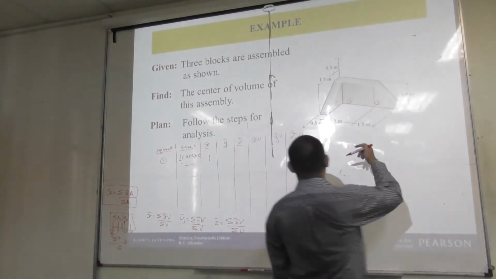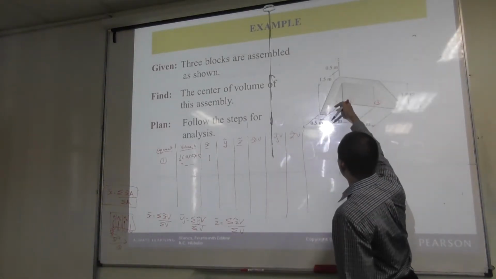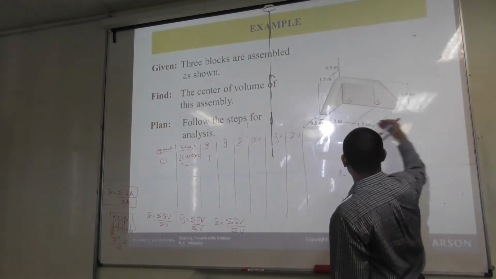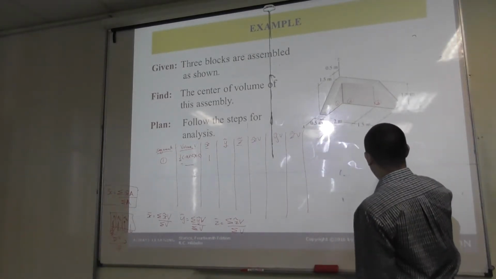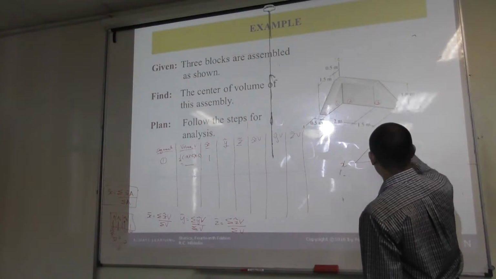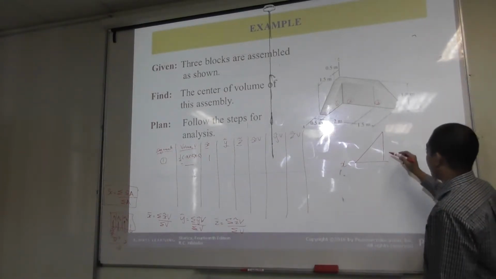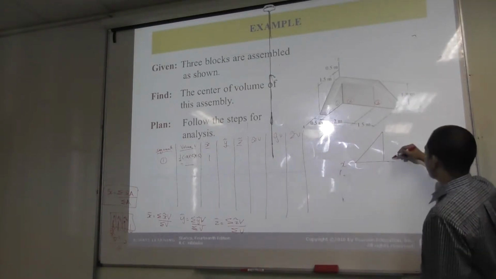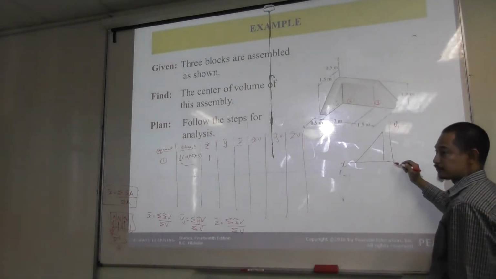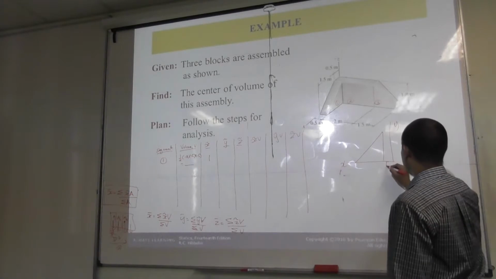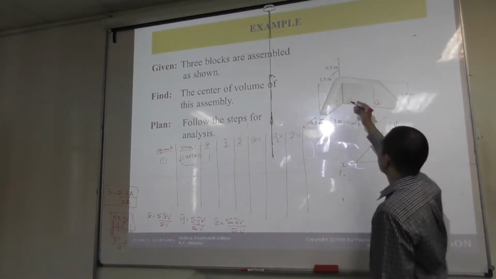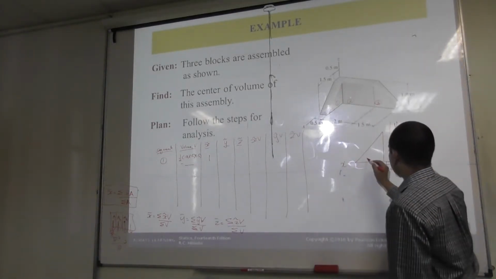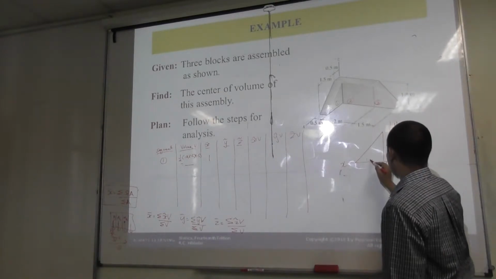Okay, so for this block, the x coordinate is along this axis, right? So if you look from this perspective, x coordinate is here, you have this block here, right? And actually this block has some distance from the y-axis here, right? So this is 0.5 there, and this whole distance is 1.5.